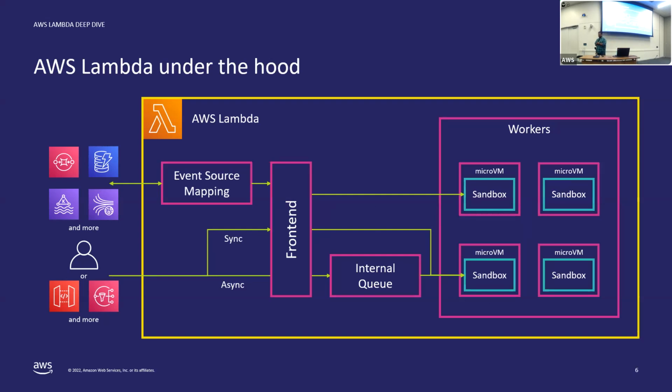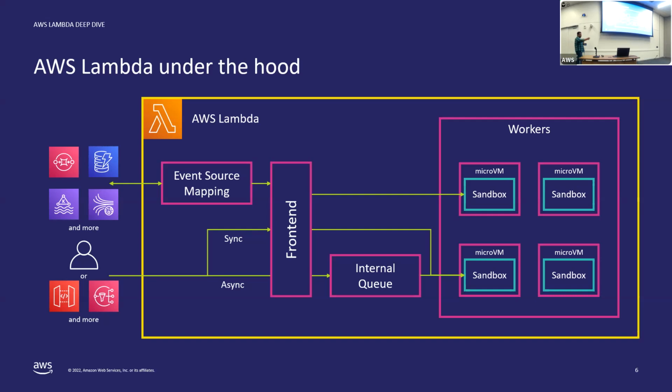What happens under the hood, in the Lambda service itself, is based on your invocation type, and we'll talk more about the invocation modes: async, sync, and even event source mapping. You immediately see a front end, which is the orchestrator in this case, handled by the Lambda service.